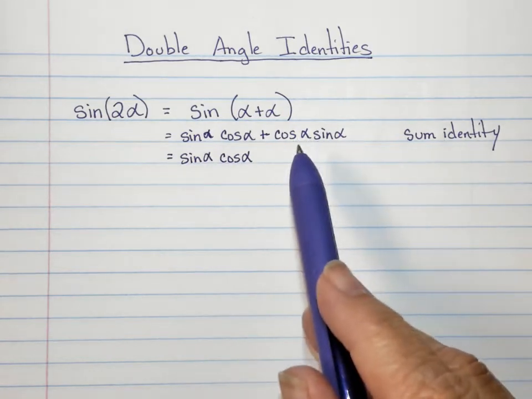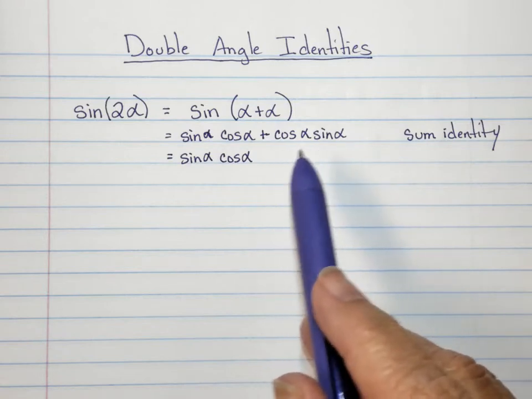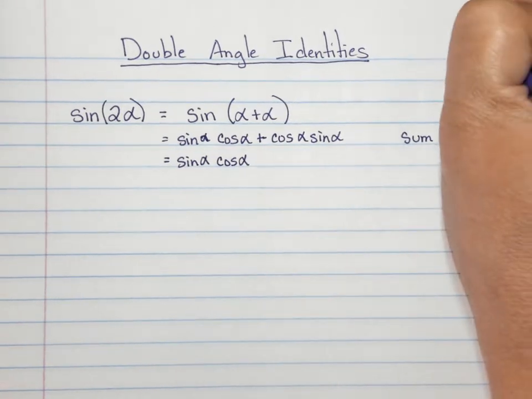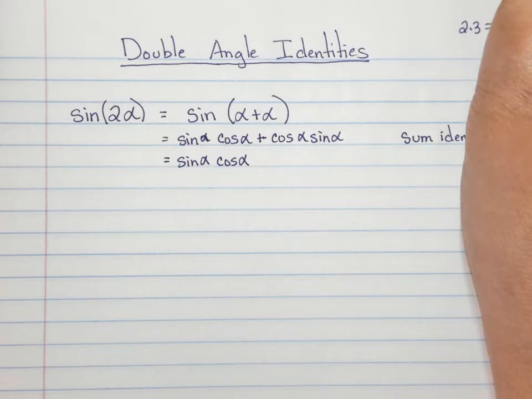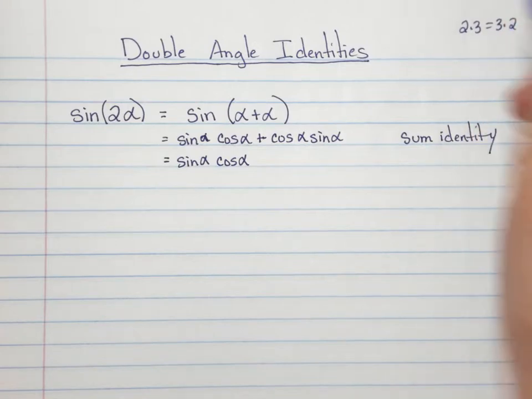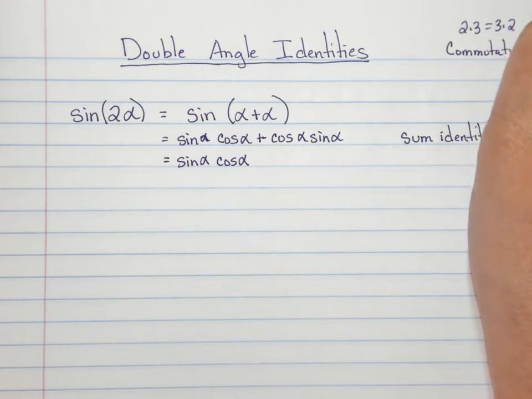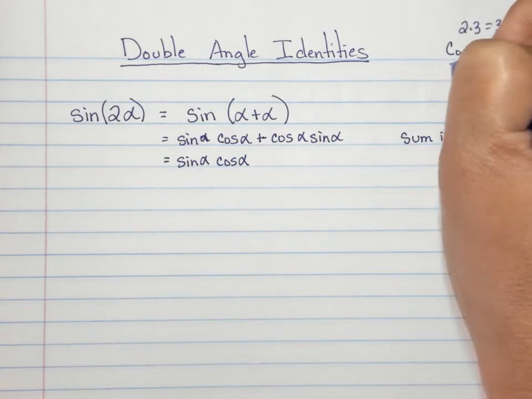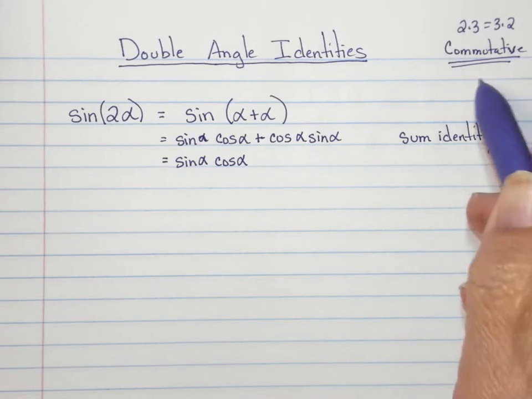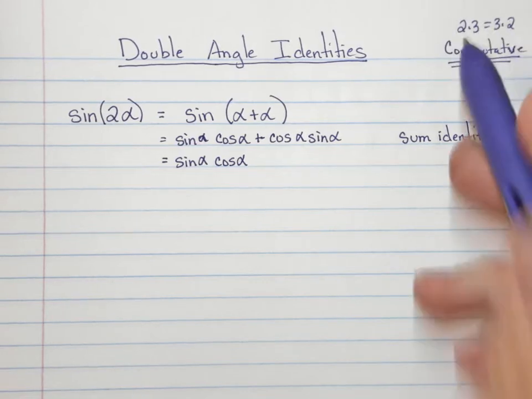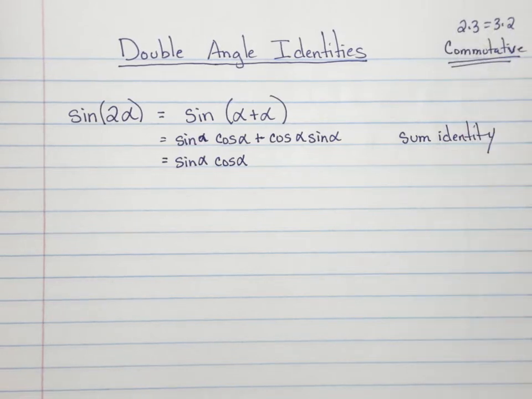So, the commutative property for multiplication, right? So over here on the side, 2 times 3 is equal to 3 times 2. That's called the commutative property. Whether you know the name of it or not, you've known for many, many years that you can change the order in multiplication and you still get the same answer, right?